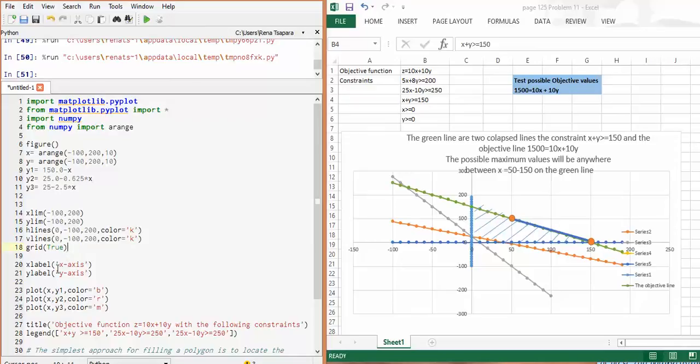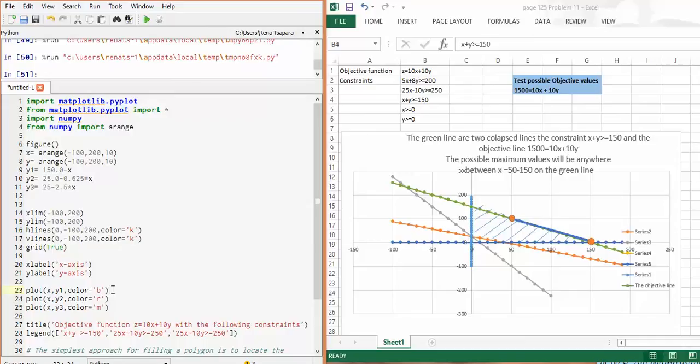The next step is to define the labels for the axis. Under the x-axis, we will write x-axis, and next to the y-axis we'll write y-axis with the ylabel. And then we are ready to plot the lines. In order to plot the lines, we use the function plot.